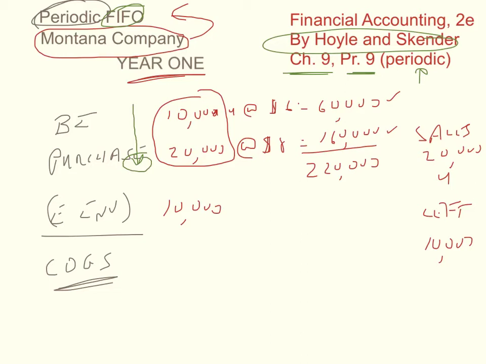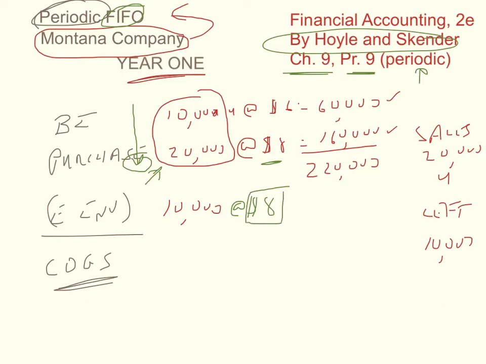First in, first out, what's left? The last unit. So if there's 10,000 units in the ending inventory, we're going to assume that they come from this last batch, and this last batch cost $8 a piece. That's using FIFO. So that 10,000 at $8 a piece, right there is where you applied FIFO.